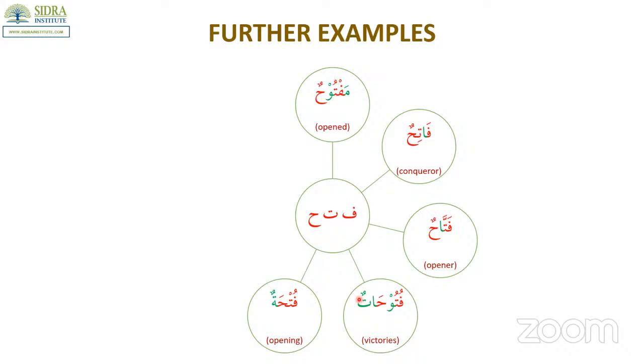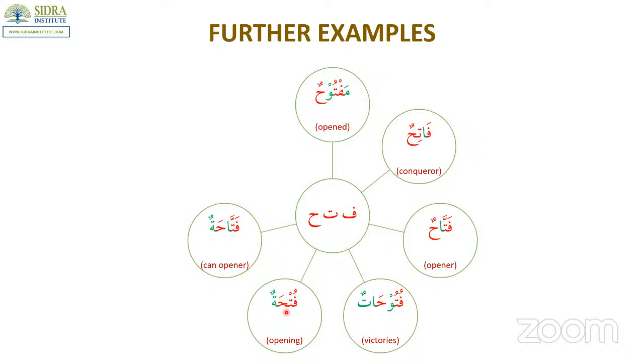Okay, so the alif and ta at the end in jam'un muannathun salimun words won't be considered to be root letters. Even ta'un marbutatun won't be considered to be the root letter. So we're just giving examples to explain that base letters are to be found in various forms of a word.